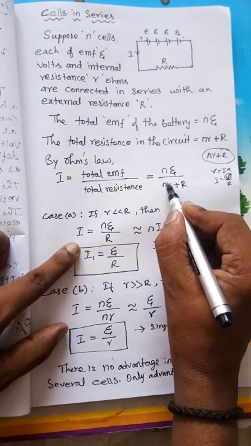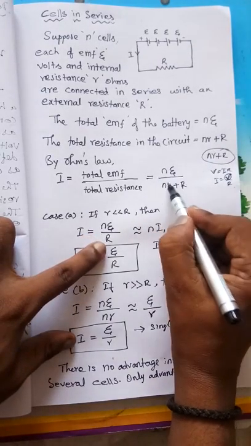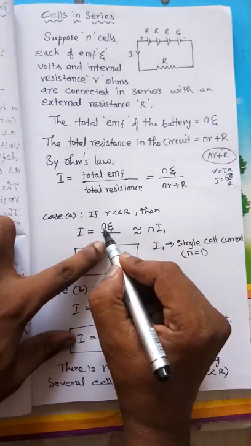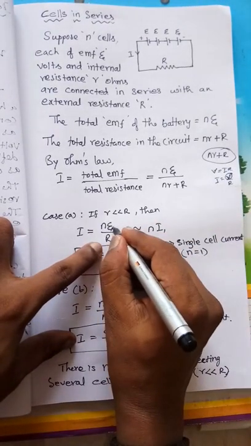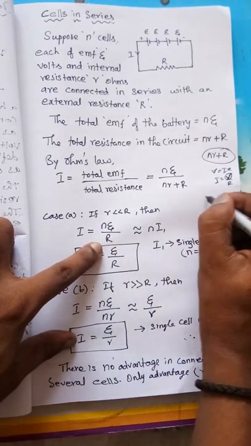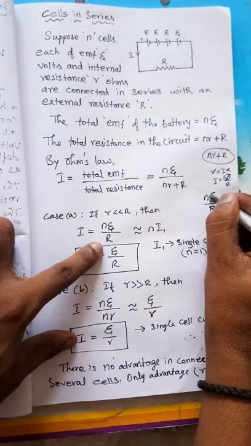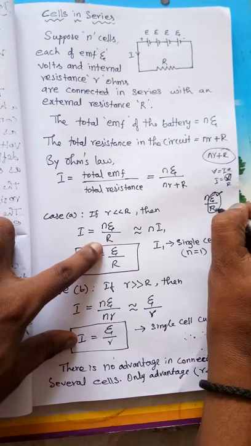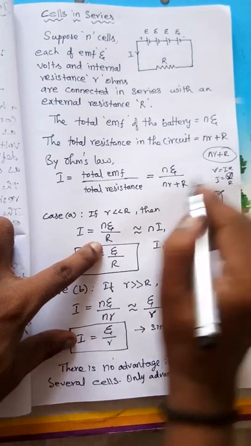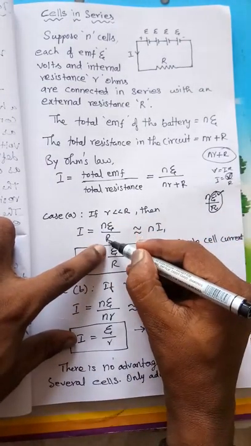N into 0 is 0, so it becomes N E divided by R only, that is N EMF by R. This is potential, this is resistance, and potential divided by resistance is nothing but current, according to Ohm's law.